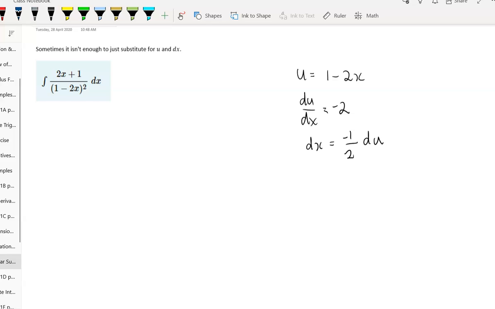Okay, so if I then go equals, and I start the substitution process, 2x plus 1 is in the numerator. I'm going to convert the 1 minus 2x squared to u to the power of minus 2, and then I'm going to multiply by negative a half du.